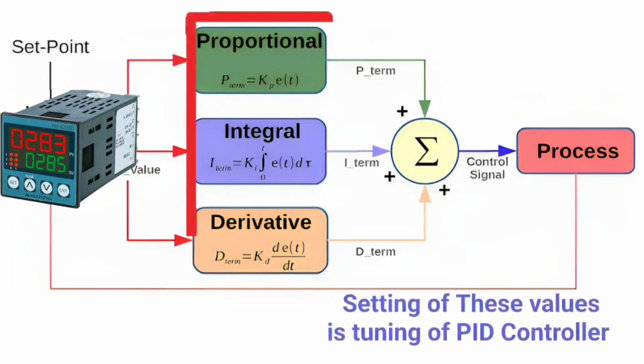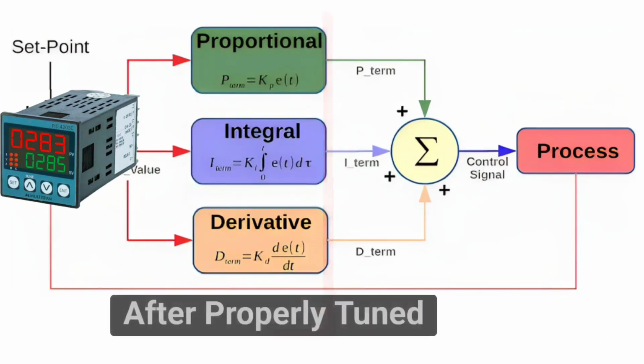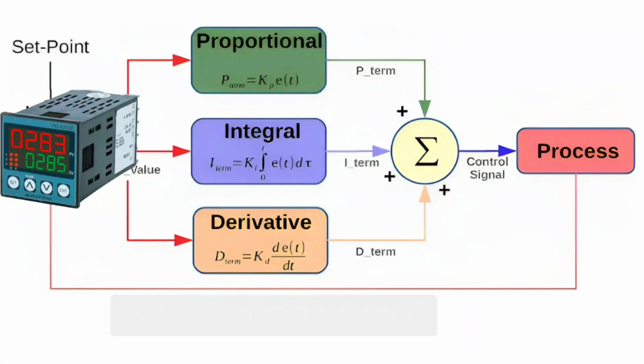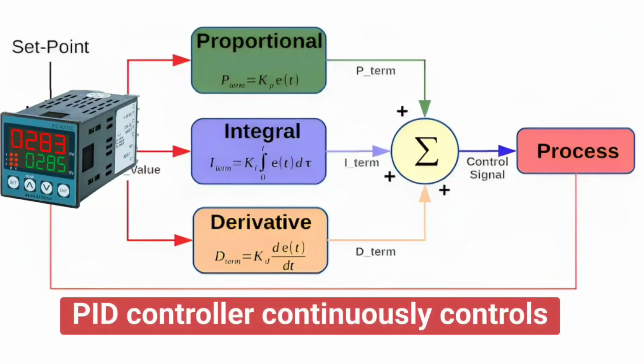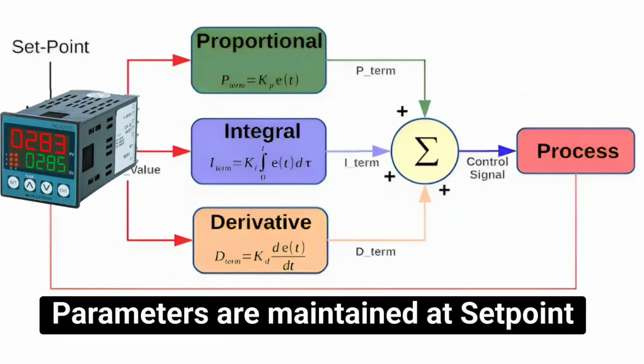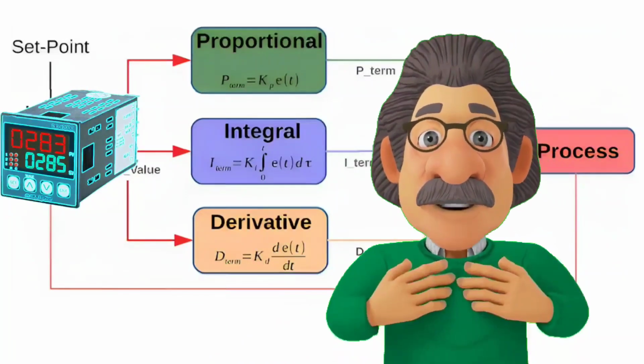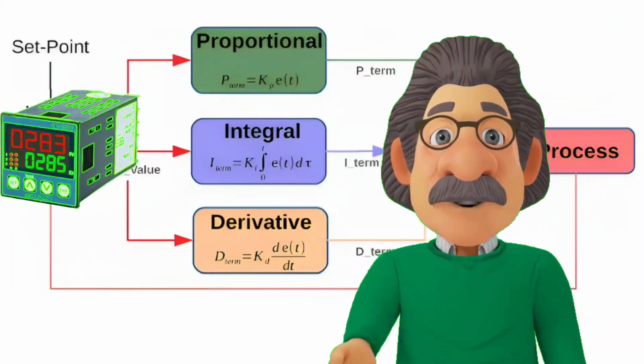Setting these values is the tuning of the PID controller. After it is properly tuned, the PID controller continuously controls the process, and parameters are maintained at the set point or near the set point. So, the PID controller has an important role in instrumentation that you cannot ignore.